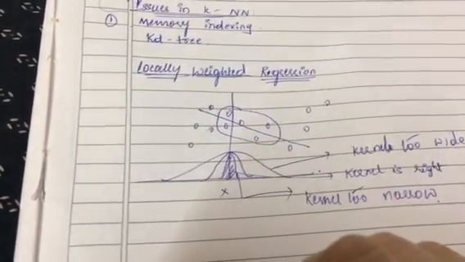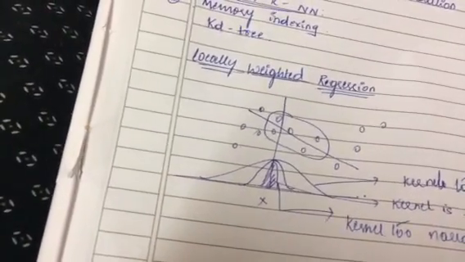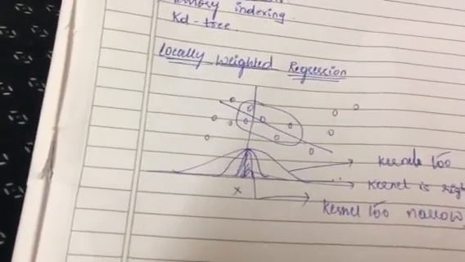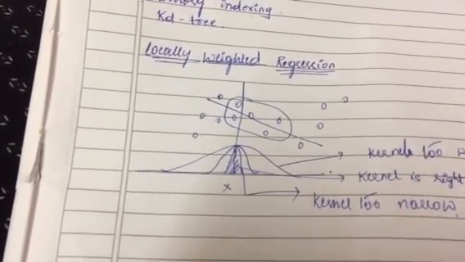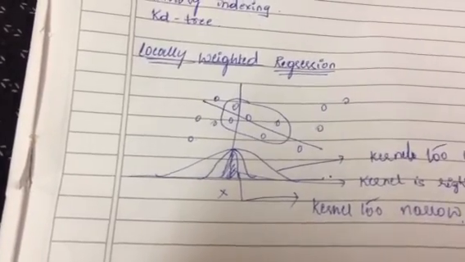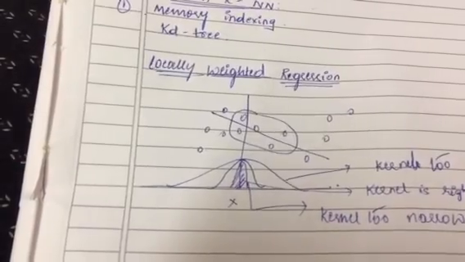Here you can see that the kernel function, as I told, is used to smooth out the data points of interest. The kernel function is going to generate a weight matrix. The weight matrix is diagonal in shape, where all non-diagonal cells are made 0.